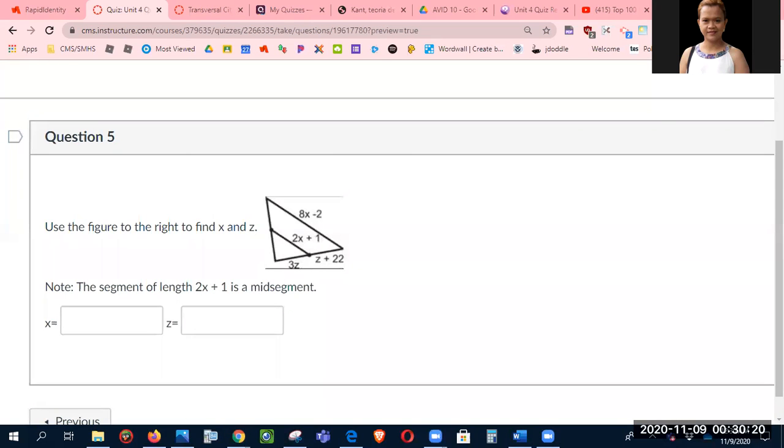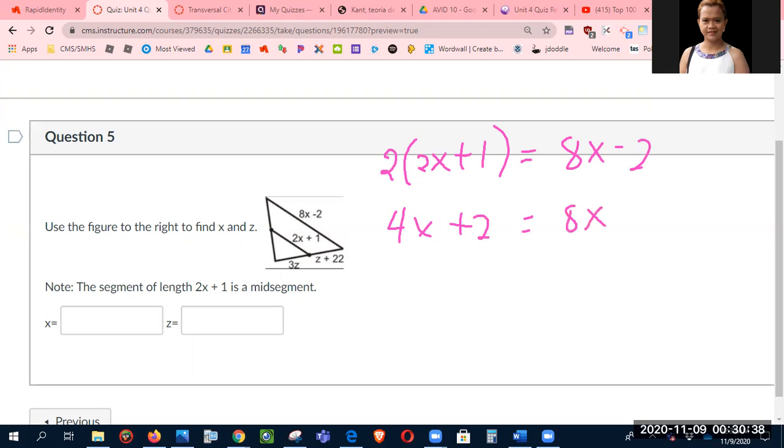Therefore, I would multiply 2x plus 1 by two and equate it to the third side, which is 8x minus 2. That will become 4x plus 2 equals 8x minus 2. So 4x minus 8x equals negative 2 minus 2. That's negative 4x equals negative 4.